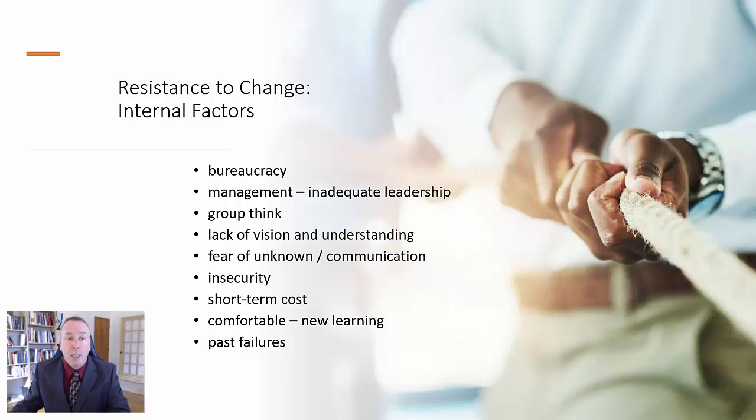If leadership is lacking, then people can be resistant to change because they are just looking at the rules and the tasks and all of those things, and they do not perhaps understand the bigger issues.